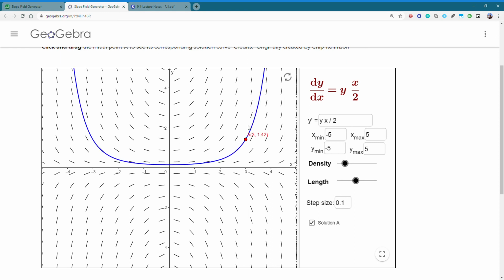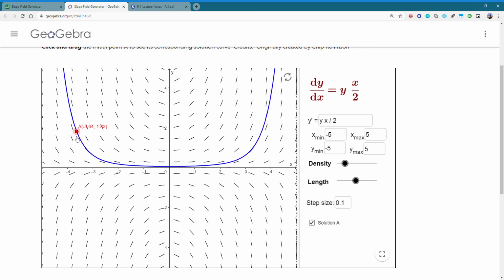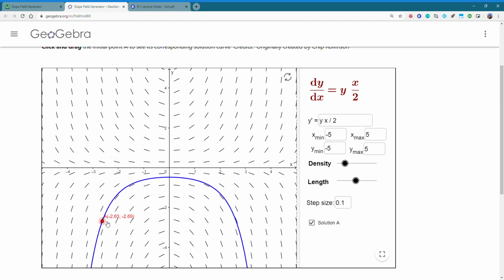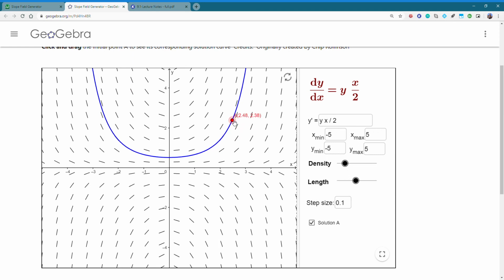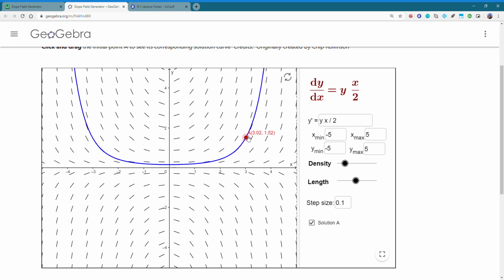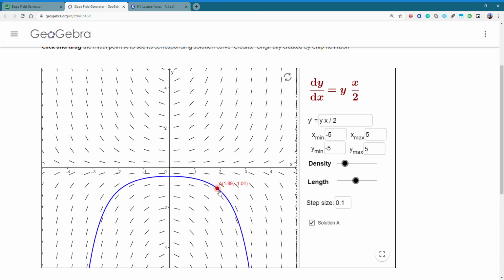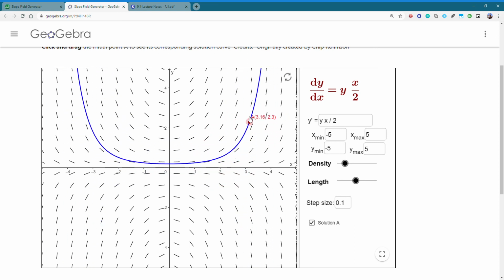And if we toss in a solution curve, we can move our initial condition around, the point that we're asking it to go through, and see what those solution curves would look like. Here, this little interactive doesn't know exactly what these curves are. It's using some approximation techniques to get a sketch of the curve's graph.